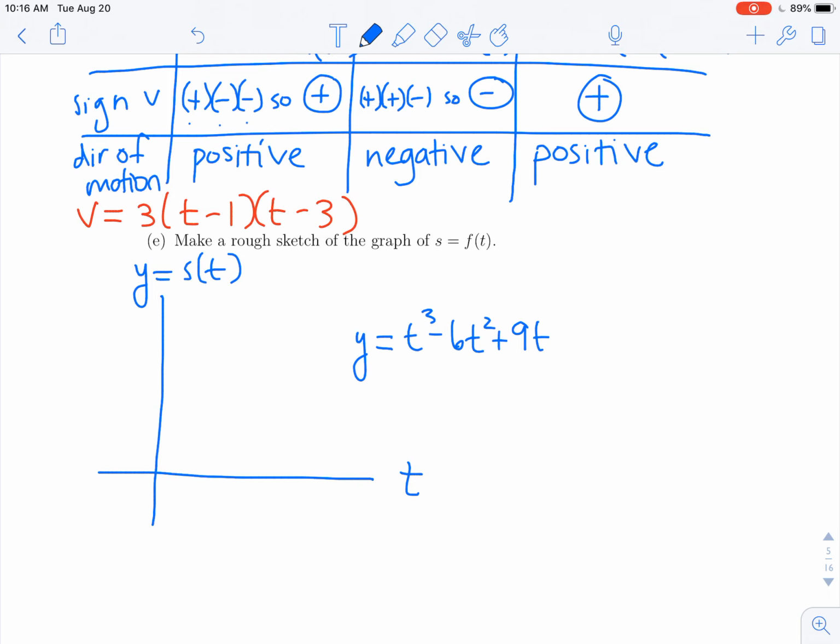And so based on what we've already done, we should expect a shape that goes positive direction, negative direction, positive direction. And so to figure out exactly where to pin things down, we need to look at the position at time 0 to figure out where we're starting, the position at time 1, and the position at time 3.